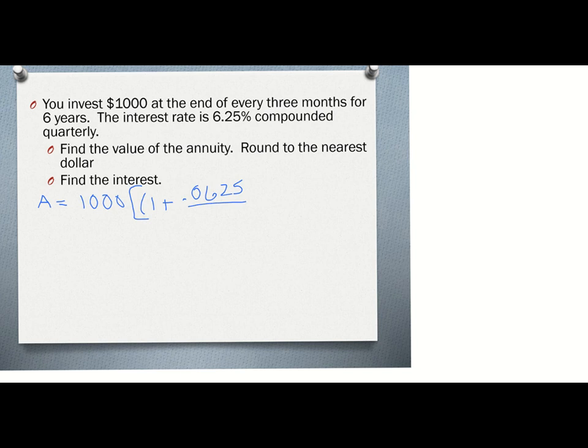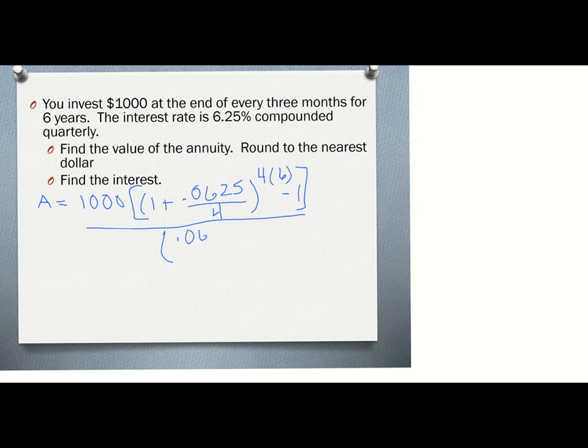So there are 4 groups of 3 in 12, so that's quarterly. So 4 is our n, raised to 4 times 6, since it's in the account for 6 years. And then after we do that, we have to subtract 1. And then we're going to divide it all by the interest rate.